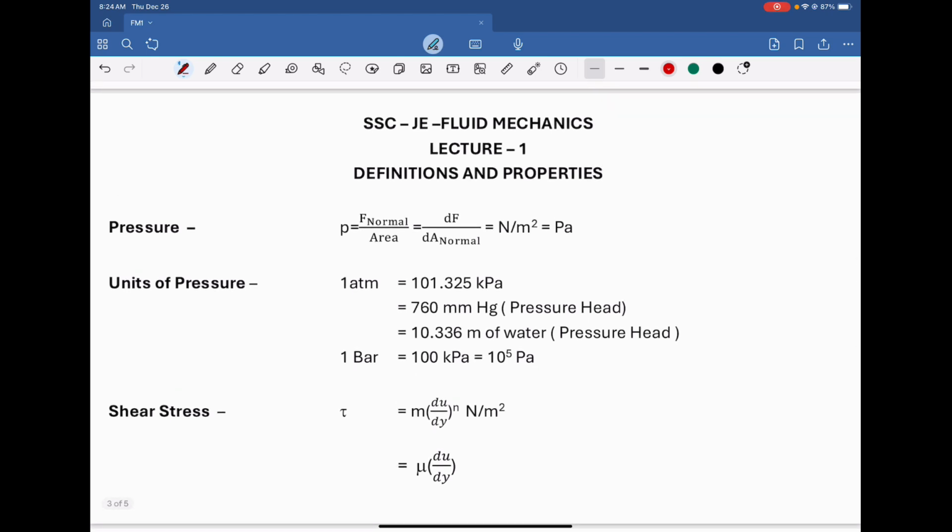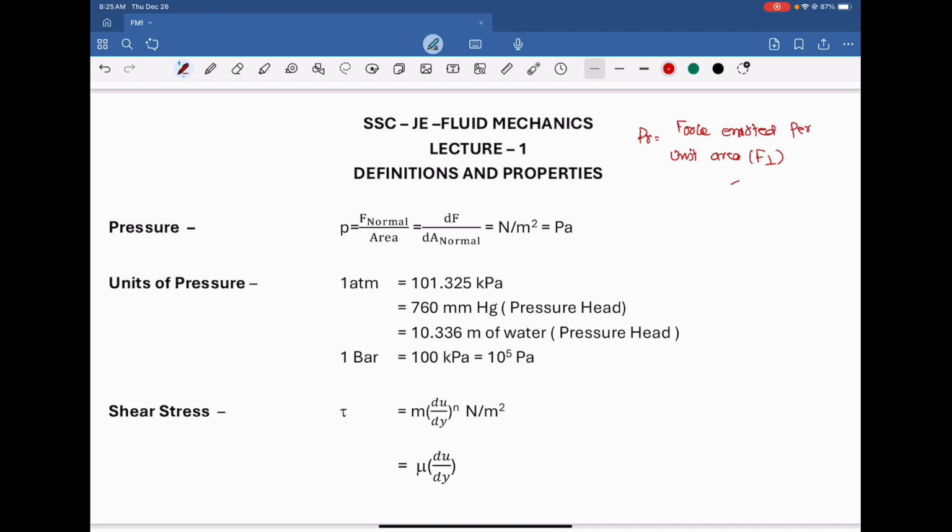Next comes pressure. What is pressure? Pressure is equal to force exerted per unit area. This force is normal to the area of action.